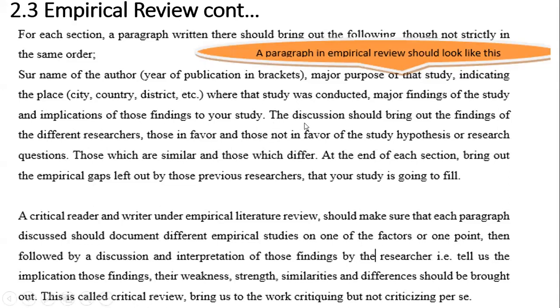And that is the discussion you are conducting in the literature review. The discussion you conduct should bring out the findings of the different authors, the different researchers.